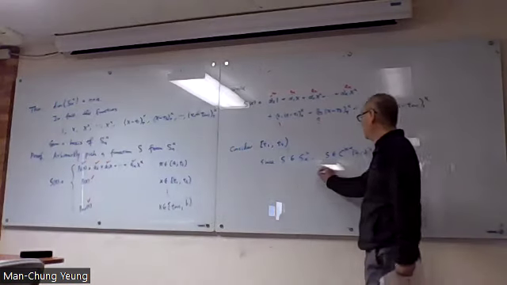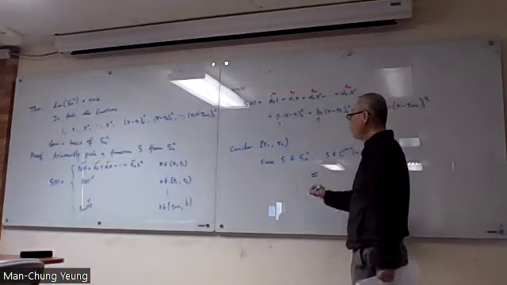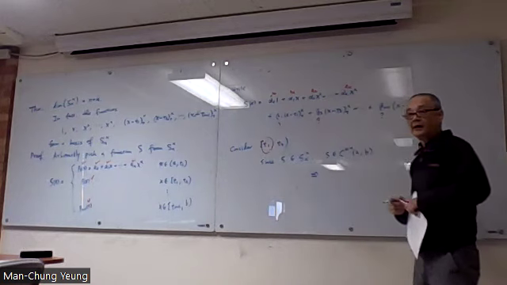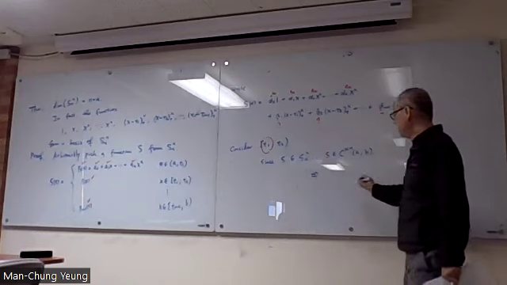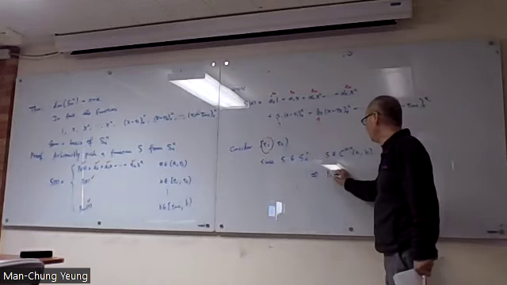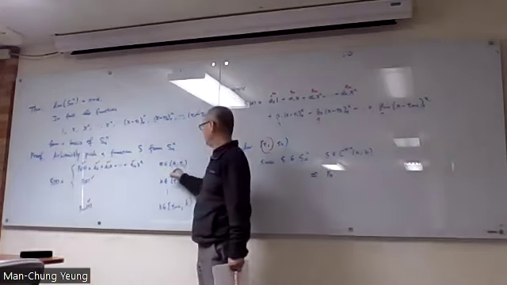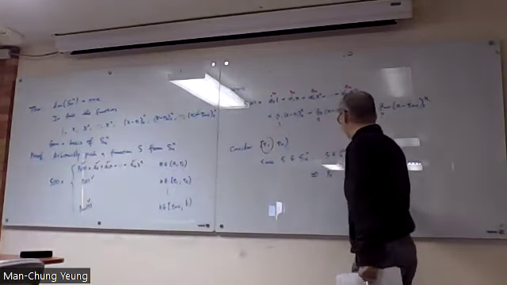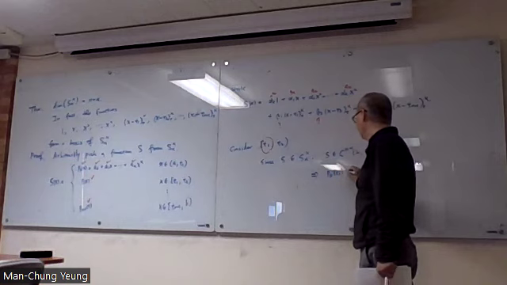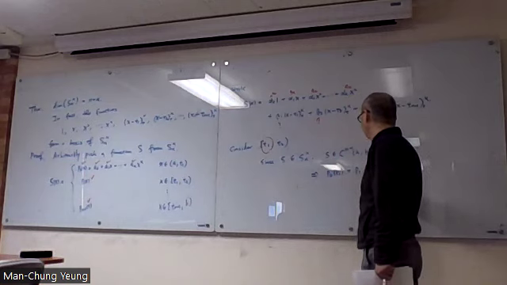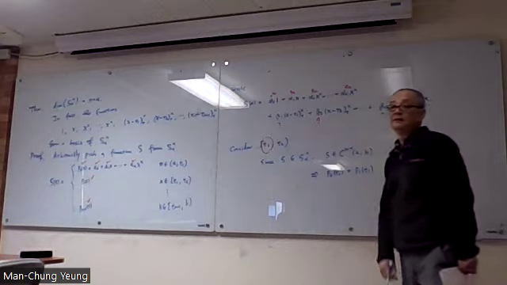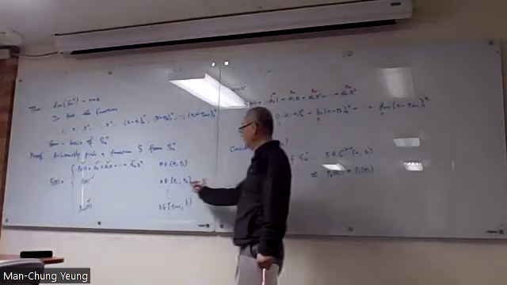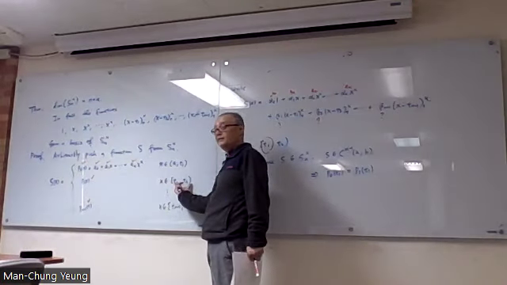Now, focus on this point T1. That means that P0, the polynomial over this interval, at T1 is equal to P1 at T1. You agree? P1 is the polynomial over this interval.